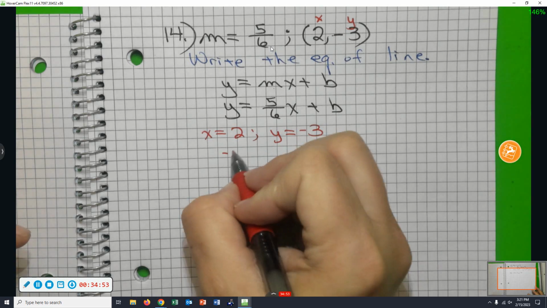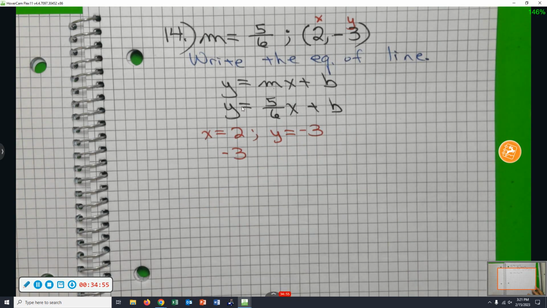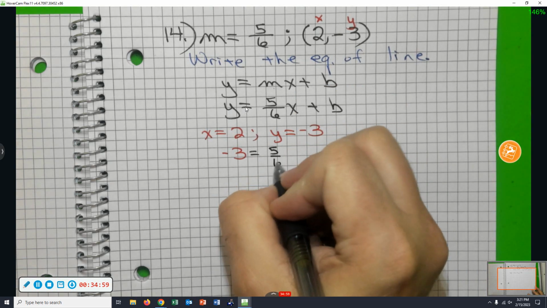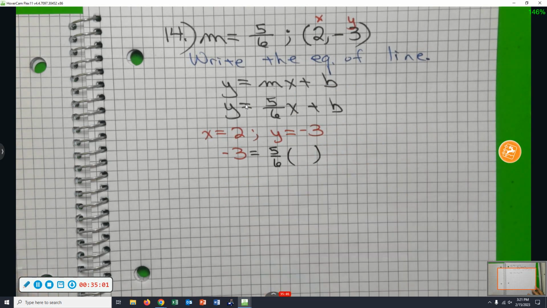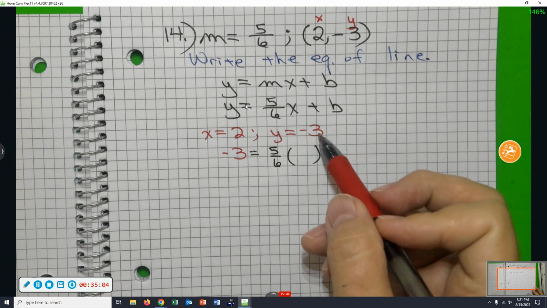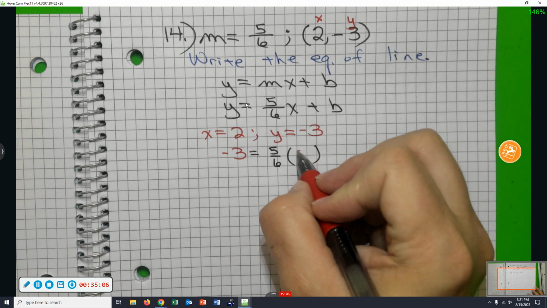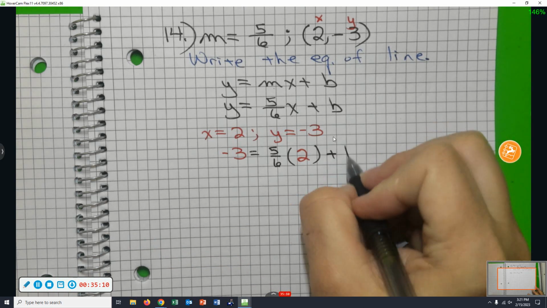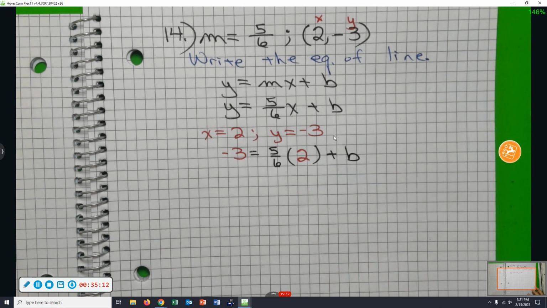So we have negative 3 is equal to 5/6 times 2 plus b.